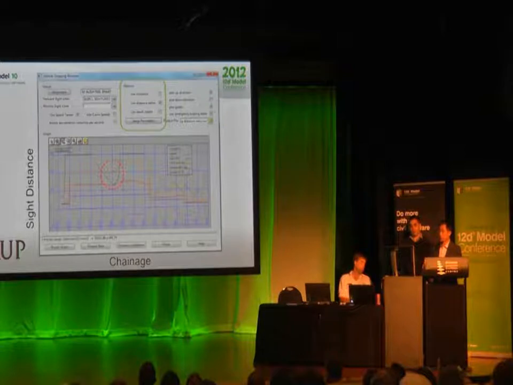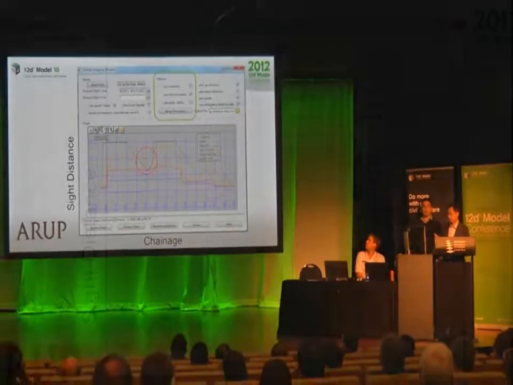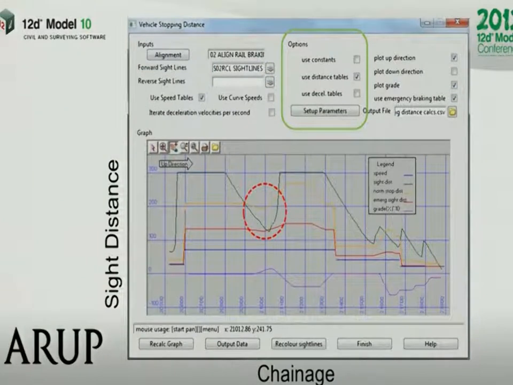Meeting the minimum requirement. And as I mentioned early on, if you look at the green box on the top, we have a few different options to calculate the tables. It's not just using the deceleration table. We can use the distance table. We can also use a constant rate if it needs to be, like any highway design, where we have a coefficient to put in constantly.